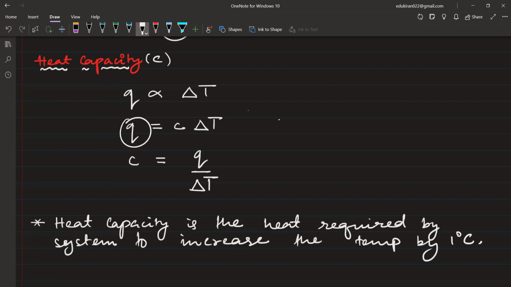Heat capacity is the heat required to increase the temperature by 1 degree Celsius. To increase the temperature by 1 degree Celsius or 1 Kelvin.